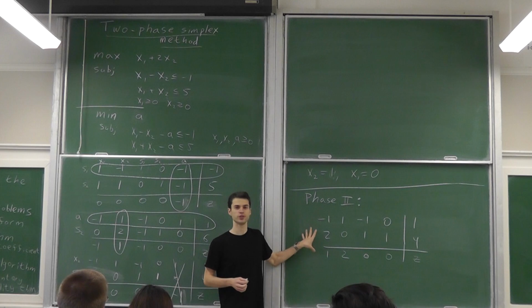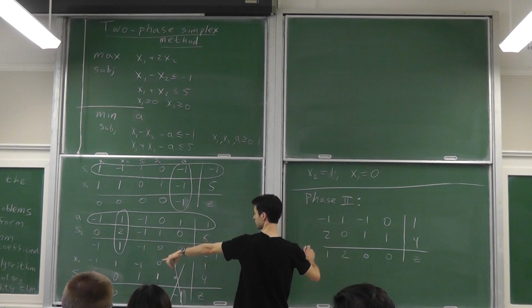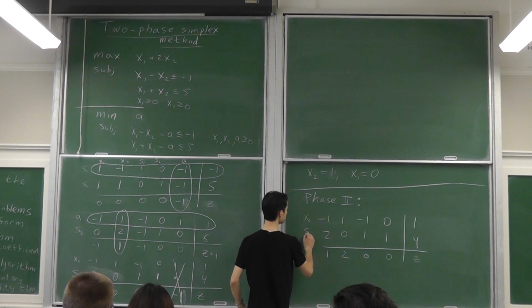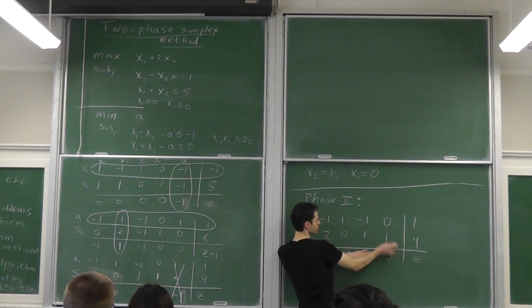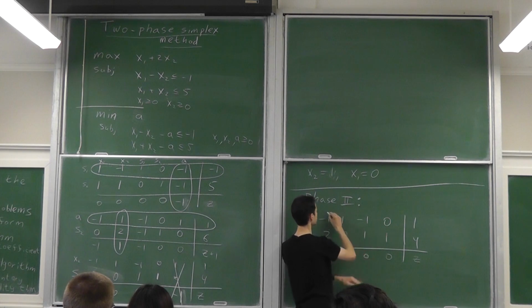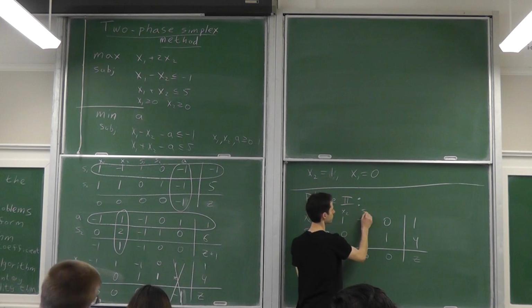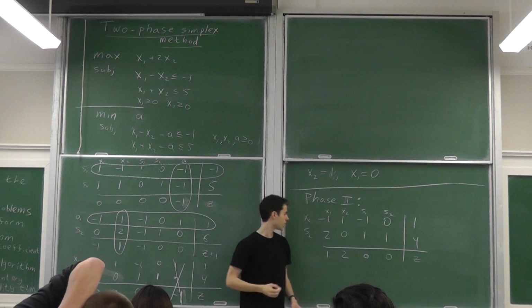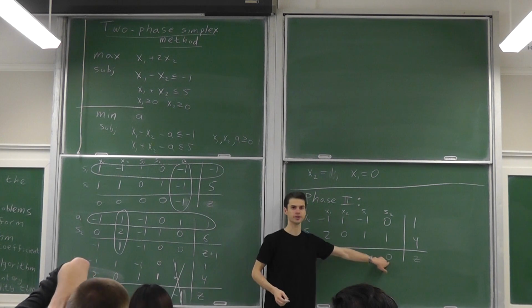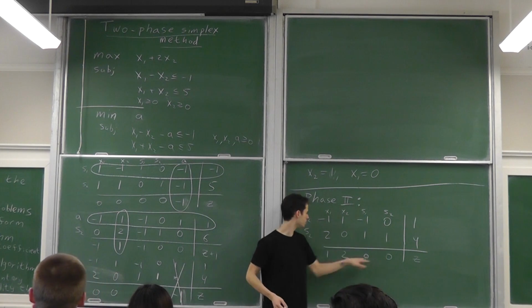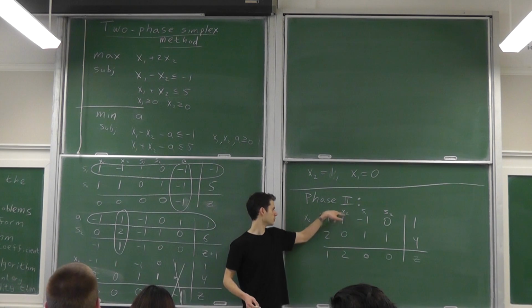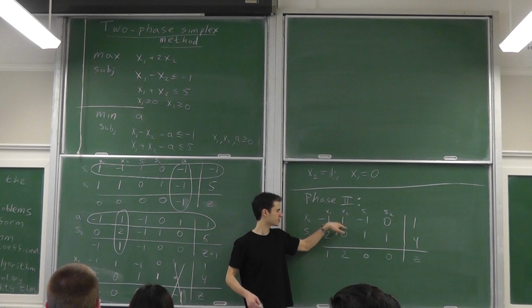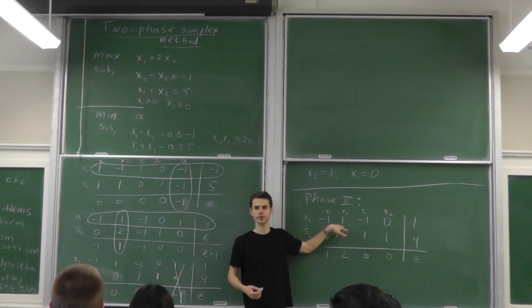So it seems like you would have to write x1 plus 2 times x2. But there is a problem with this. If I want my basic parameters to be x2 and s2, as they seem to be from here, I would want to have 0 here and here. Here there is no problem, but here there is no 0. So this table doesn't actually have x2 as a basic parameter.